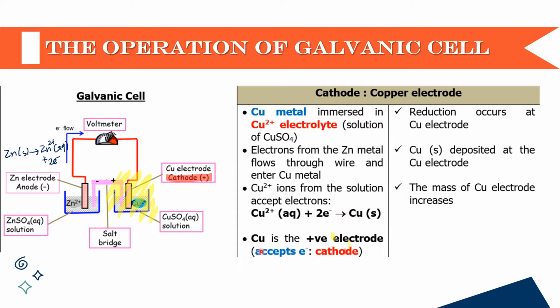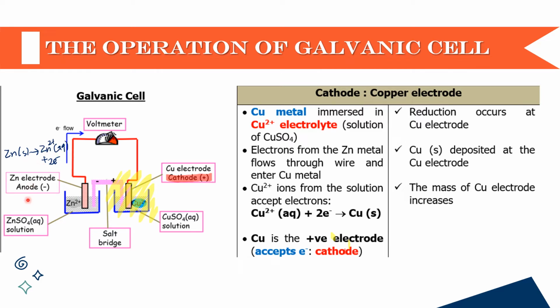So copper is the positive electrode. Just now we mentioned the anode is the negative terminal. Why is it negative? Because electrons are being produced over here.